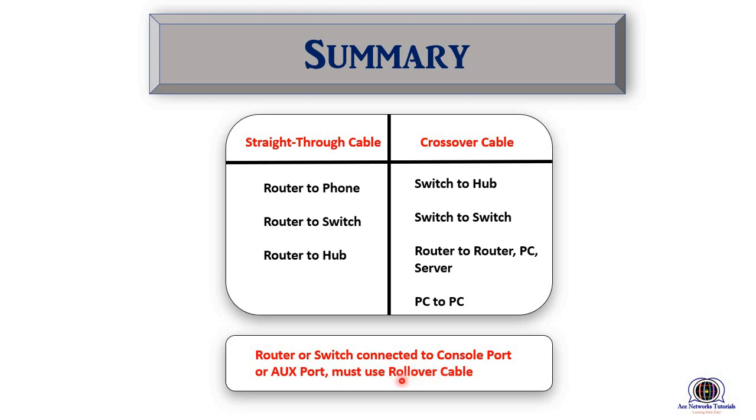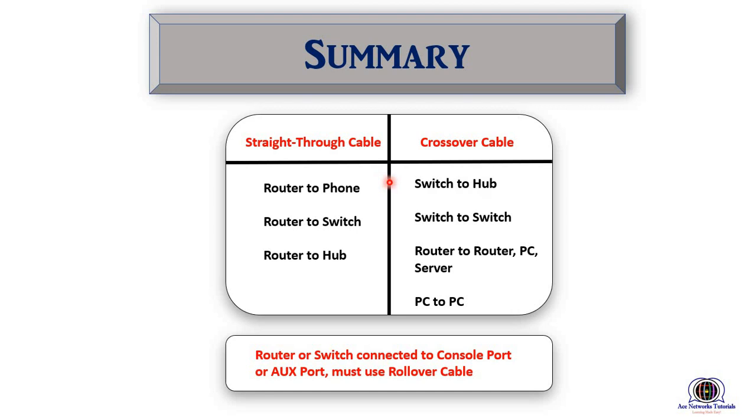If you remember two main concepts, Media Dependent Interface, MDI, and Media Dependent Interface Crossover, MDIX, you are good to go. Switches and hubs support MDIX. Rest all devices support MDI.